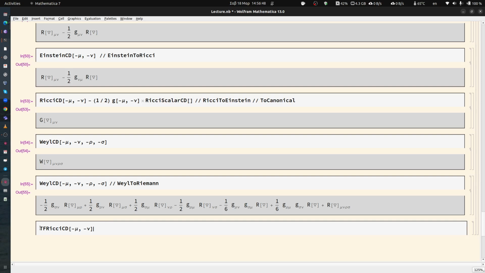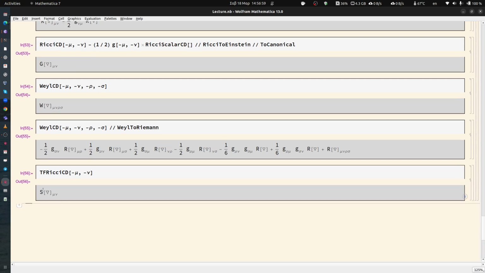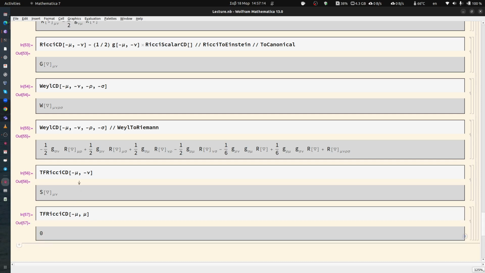The symbol used for it is TFRicci. So trace-free Ricci, that is where the name comes from. Its output form is given by S here. And indeed, this tensor here is trace-free. So if you contract its 2 indices, the result will be equal to 0 by definition.